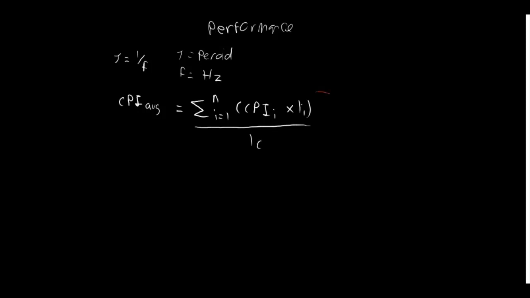This might look complicated, and personally, I went through the entire year and never really memorized this entire thing. Now I can understand it, but basically what they are saying is, for each of our instructions, we take CPI i, times its instruction count. Let's say our program has 1000 instructions.